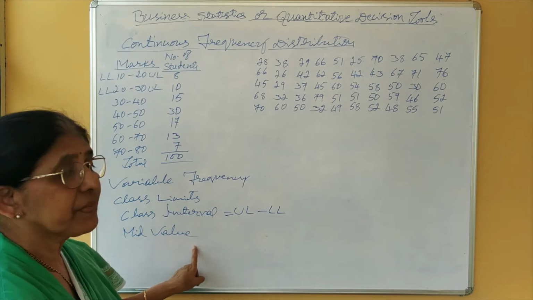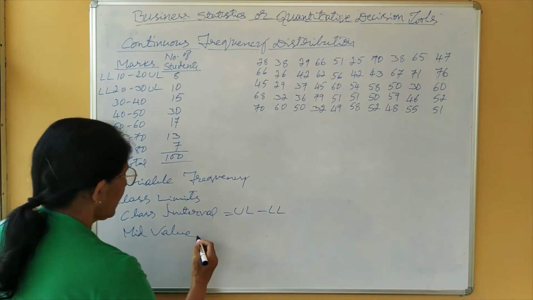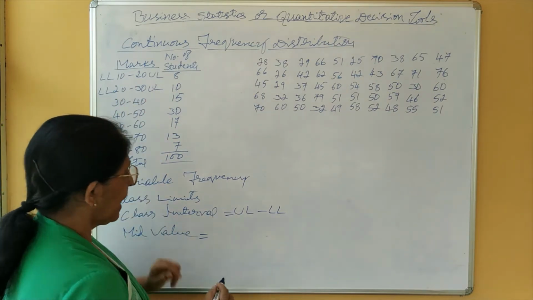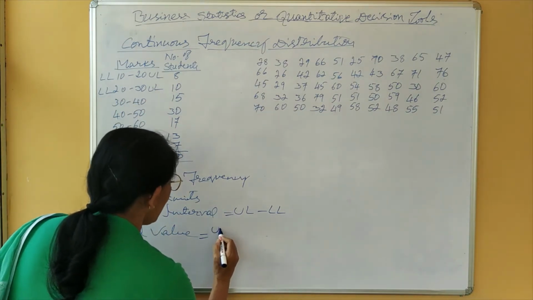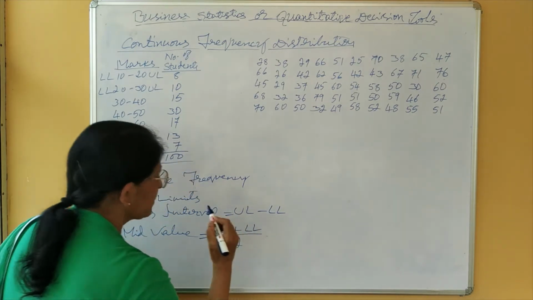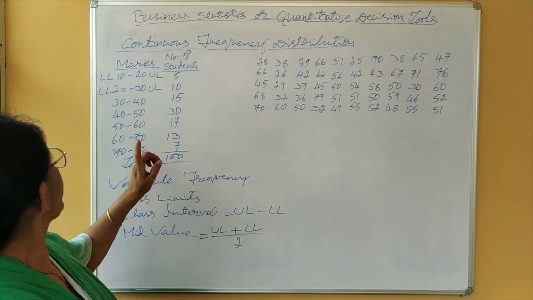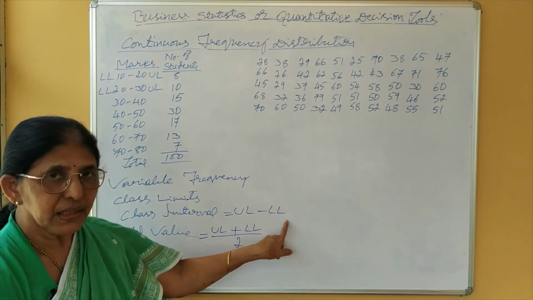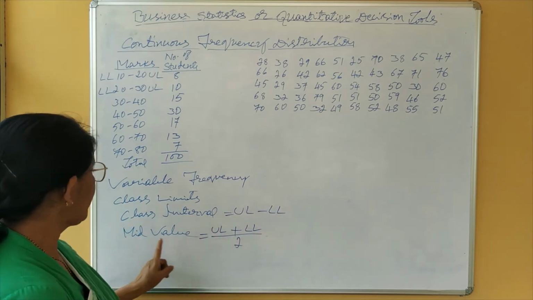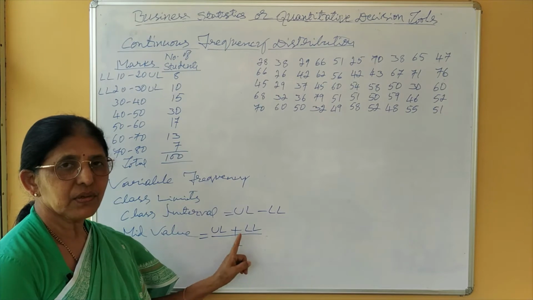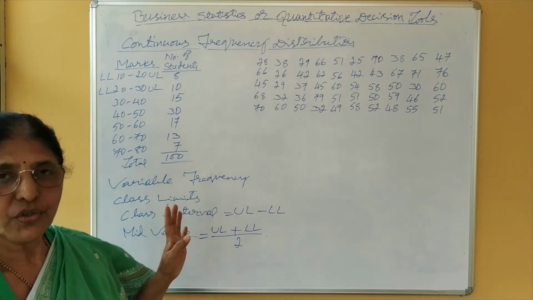When you come to mid value, it is nothing but the average of these 2 limits, that is upper limit plus lower limit divided by 2. That's all. Here class interval means difference between upper limit and lower limit, and mid value means average of these 2 limits.